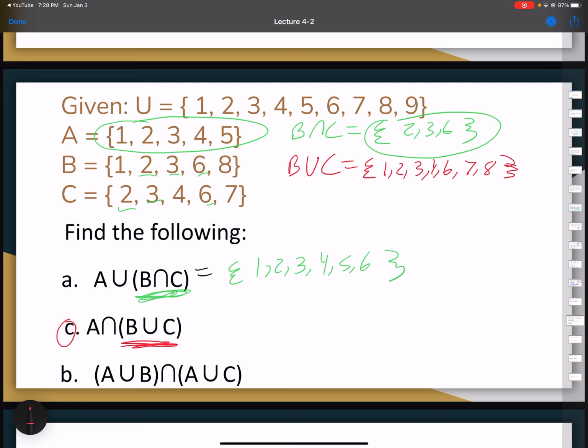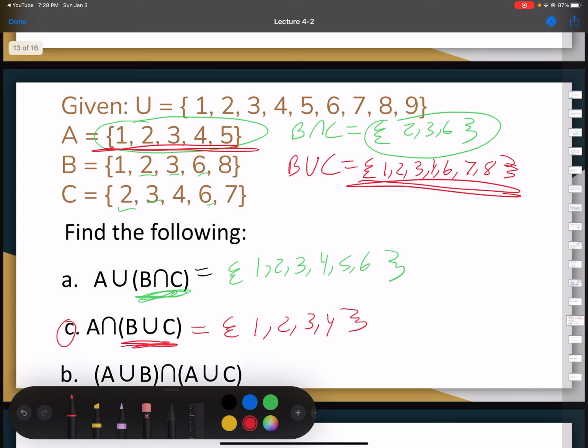And that is B union C. And we're intersecting that with A. So we say everything that has in common with A. 1, 2, 3, 4, no 5, no 6, no 7, no 8. So that's everything that both this set and this set have in common.